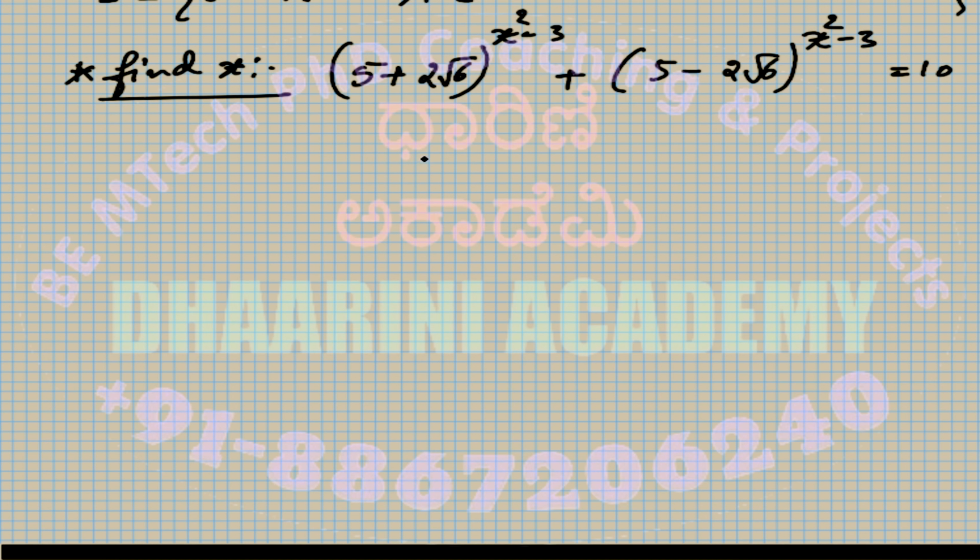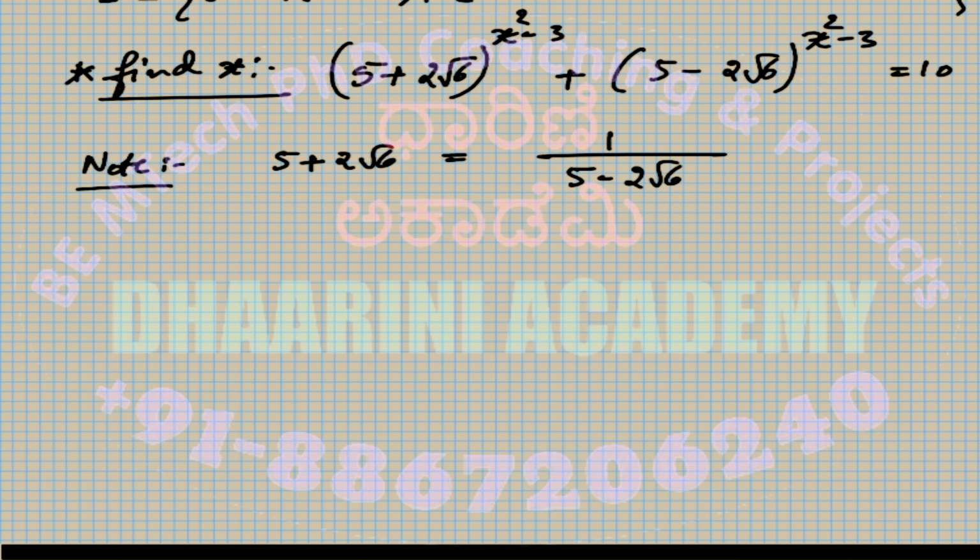Now there is one property that I need to observe here. There is one term, 5 plus 2 root 6, which is actually equal to the inverse of the other number, 1 divided by 5 minus 2 root 6. So I can rewrite 5 minus 2 root 6 as 1 divided by 5 plus 2 root 6.